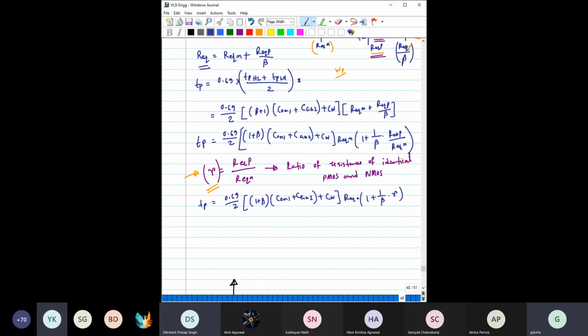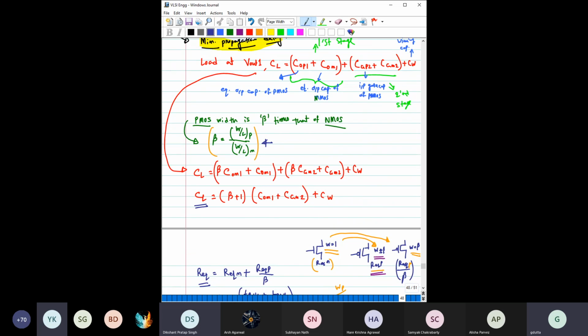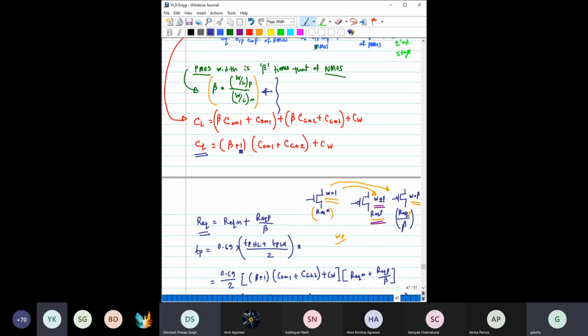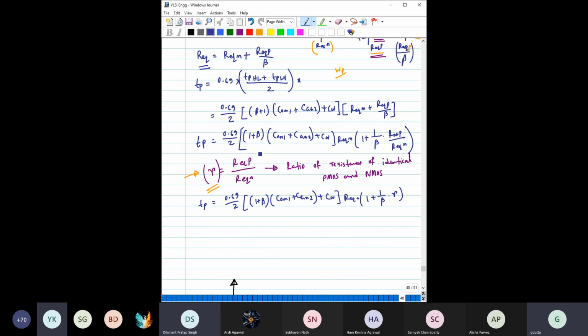Now we should know for what value of beta, because beta is the actual width ratio that we have considered for this design, the TP is minimum.